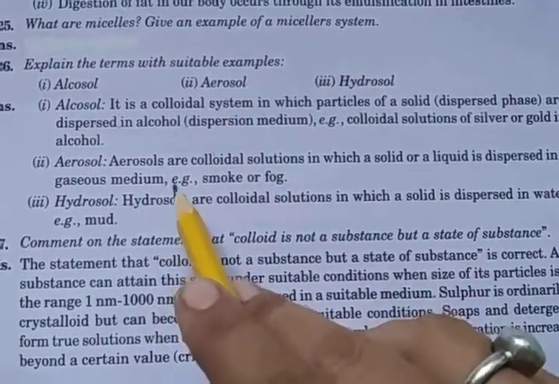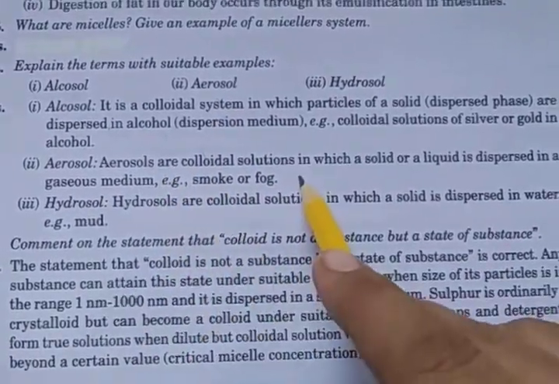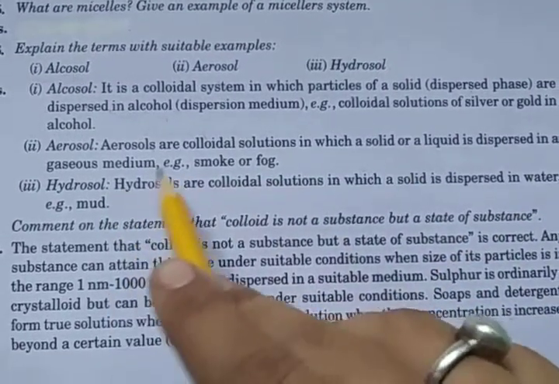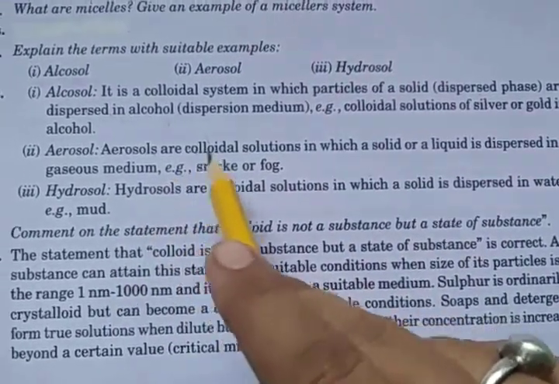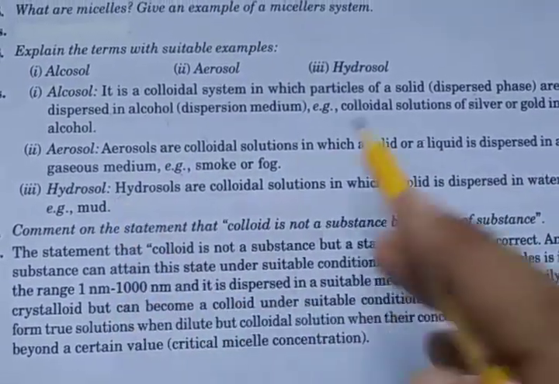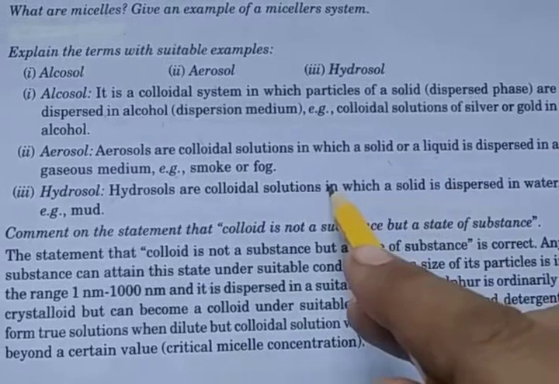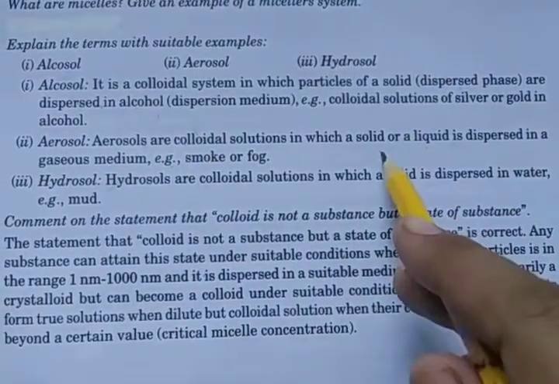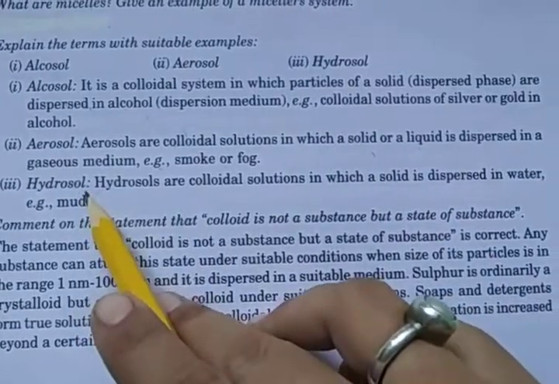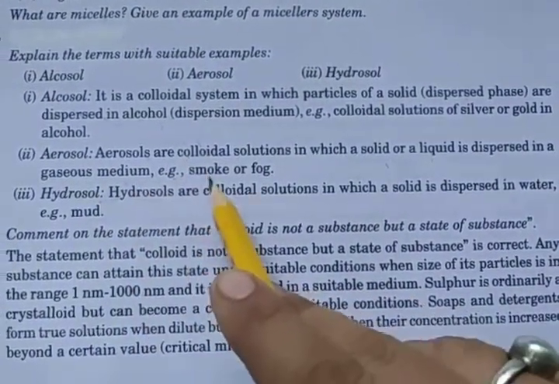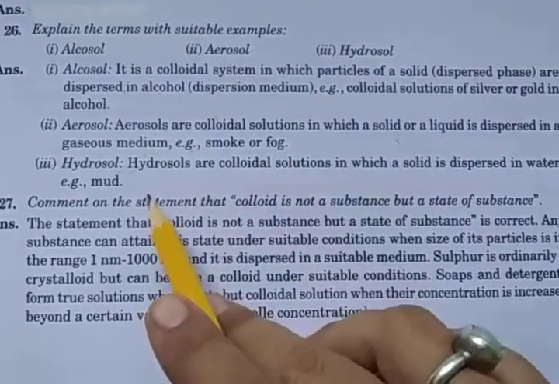Second one, aerosol. Aerosols are colloidal solutions in which a solid or a liquid is dispersed in a gaseous medium, that means solid or liquid in gas. So solid or liquid is the dispersed phase, and the gaseous medium is the dispersion medium. Example, smoke or fog. Third is hydrosol.